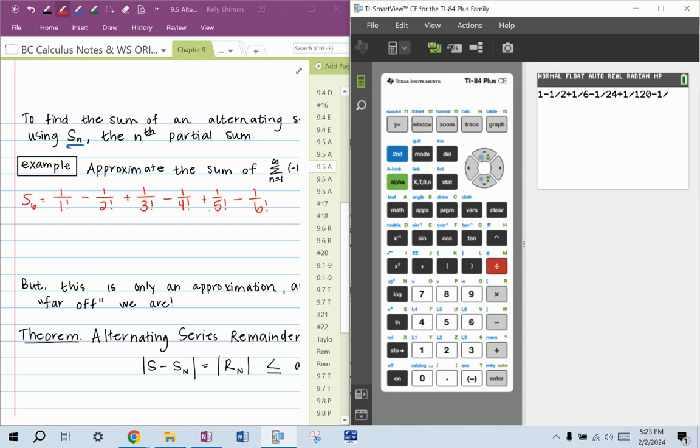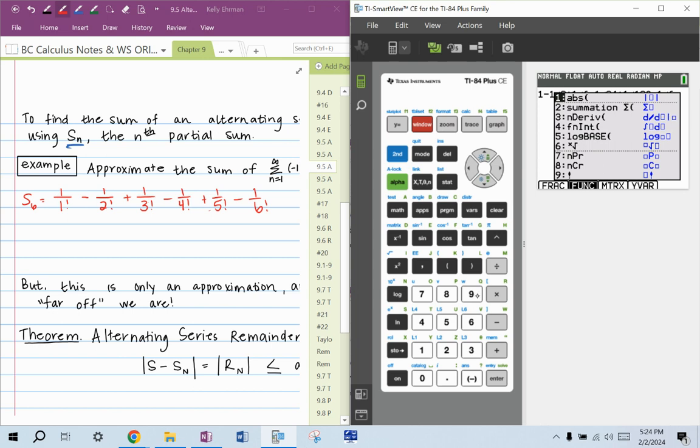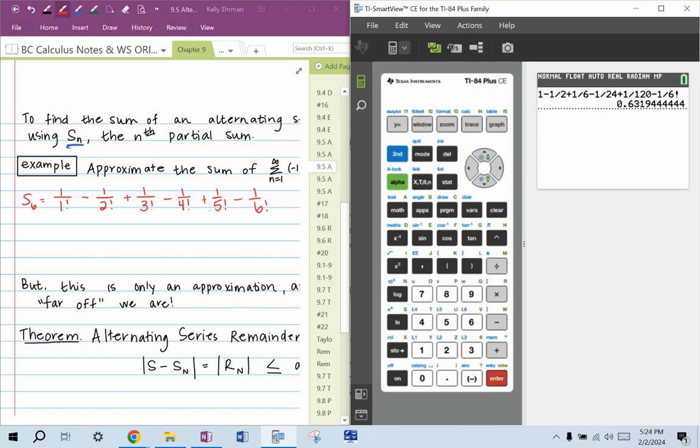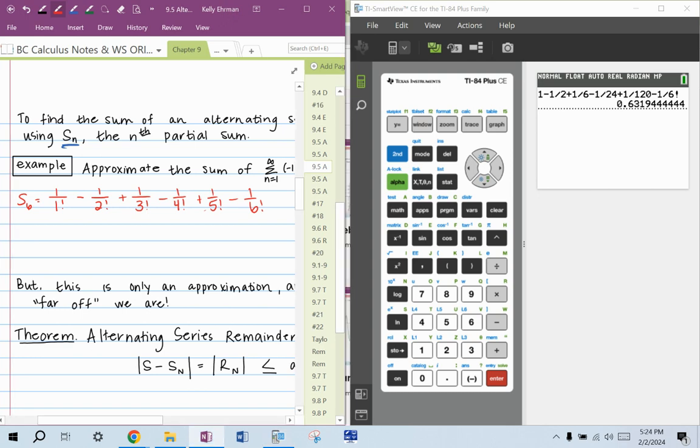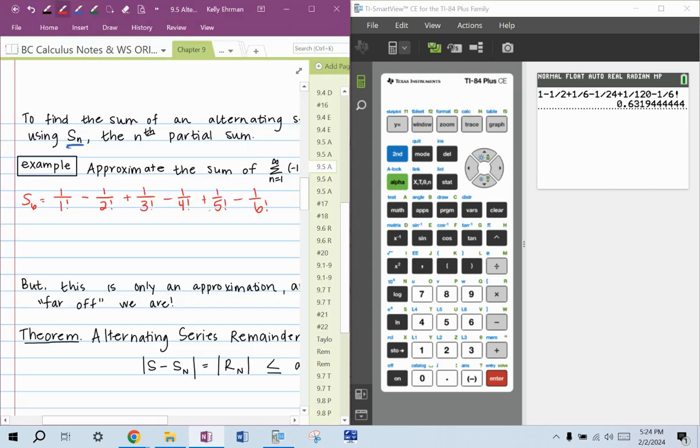Minus 1 over, 6 times 120 I could do, but let's just do 6 factorial. And then we're going to write down what this comes out to. So this is S6 is equal to 0.6319, and then it's 4 repeating.